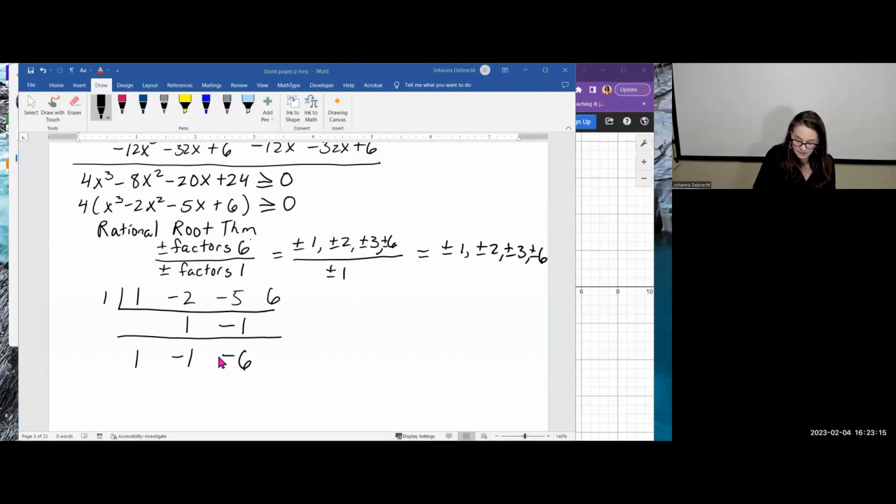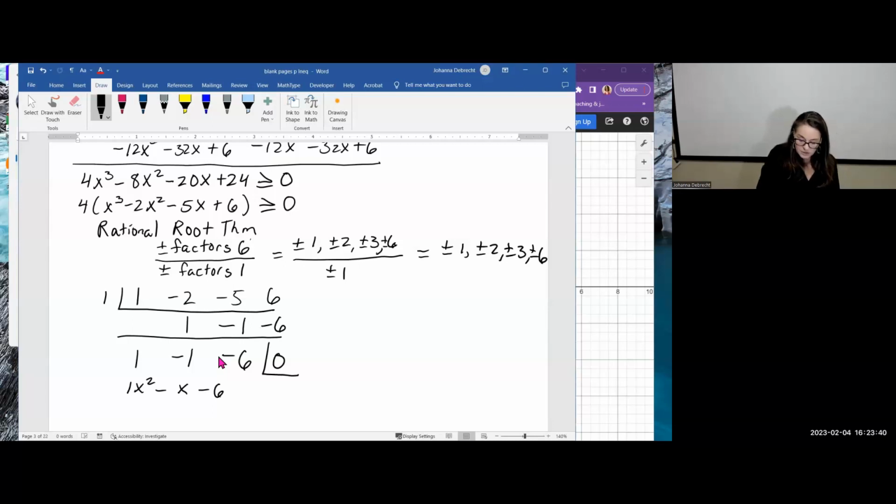Multiply diagonally this way and write it here. I get -6, which is a remainder of 0. Box off the last number, that's the remainder. That's the y value when you use x = 1 in that cubic. It worked, and because this was x cubed, this becomes 1x squared minus 1x minus 6.